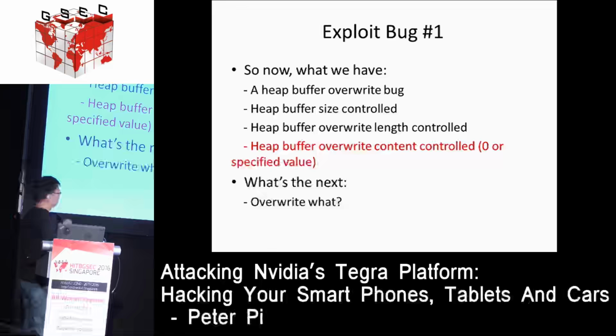So now what do we have? We have a heap buffer overwrite bug. Heap buffer size we can control. We can control the heap buffer overwrite length. We also can control the overwrite content. We can overwrite 4 bytes of 0 or 4 bytes of the magic number. We can specify the magic number.